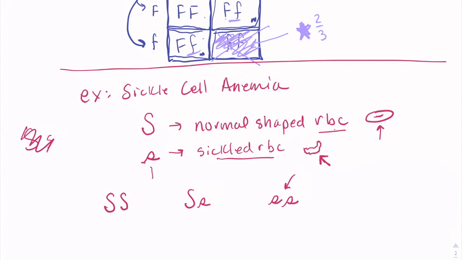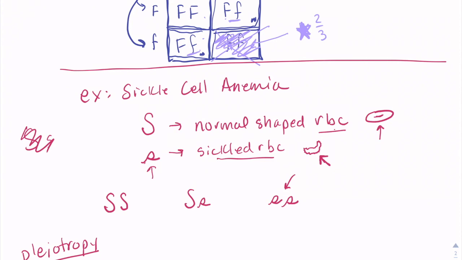The faulty allele, the recessive allele that causes sickle cell anemia, is more prevalent in African and African American populations. Here's the theory as to why that is. Something very interesting happens, and this concept is called pleiotropy.